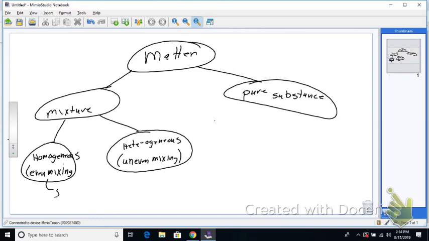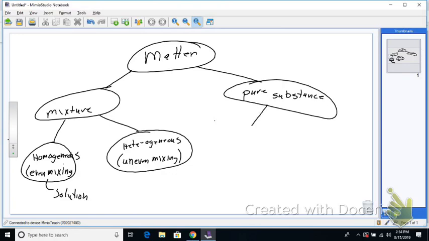Solution. So a lot of times homogeneous is the same as a solution. If I say a solution, then we know it's homogeneous, evenly mixed, because a solution has to be evenly mixed, just because of the motion of the particles. Air is a solution.